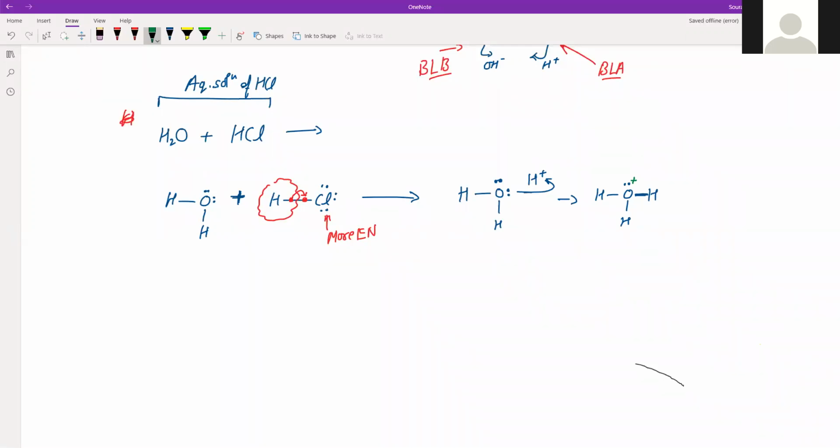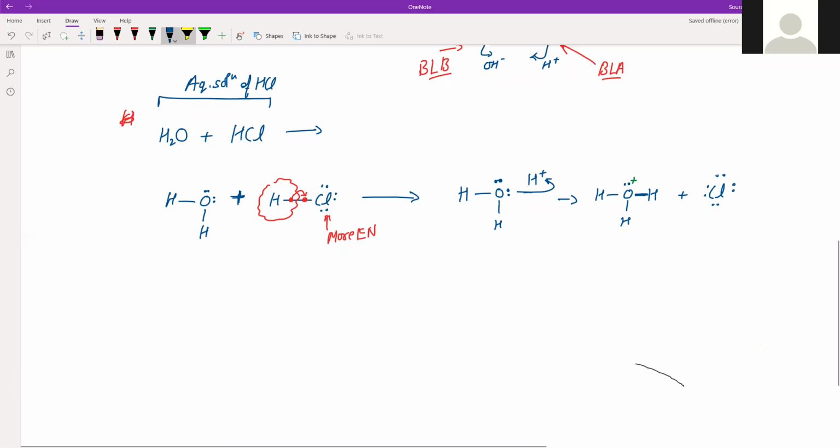Right? And because H has left Cl, this Cl will have these lone pairs, and it will have this extra lone pair from H. So that will also be there. Now chlorine's actual capacity is only 7, but it has one extra electron.